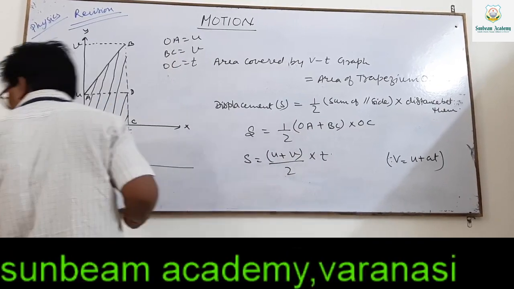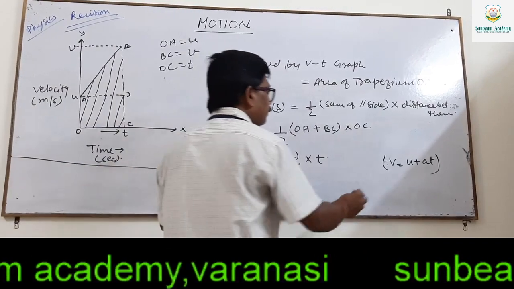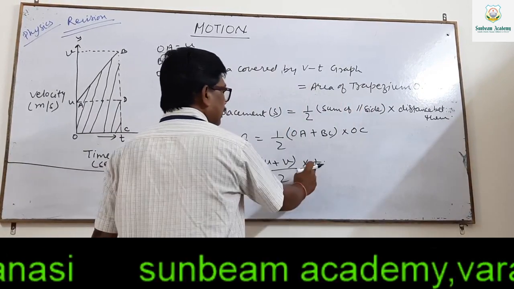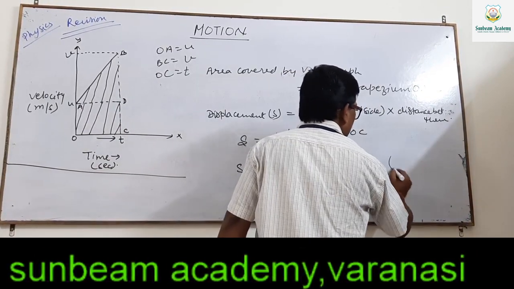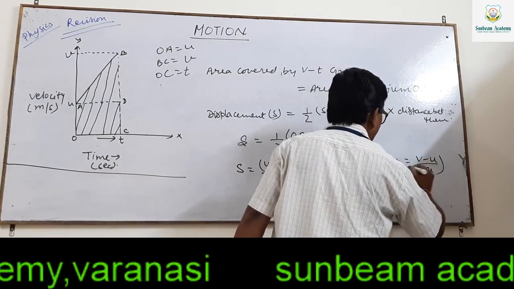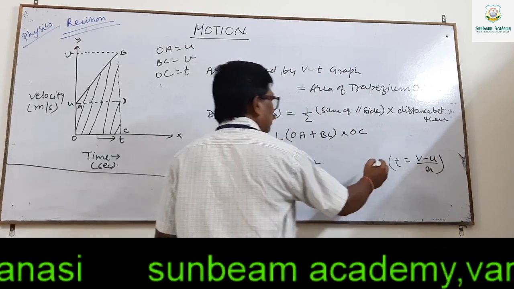Now what we will do, we will substitute the value of T here. T is equal to what? T is equal to V minus U upon A, since we know that.